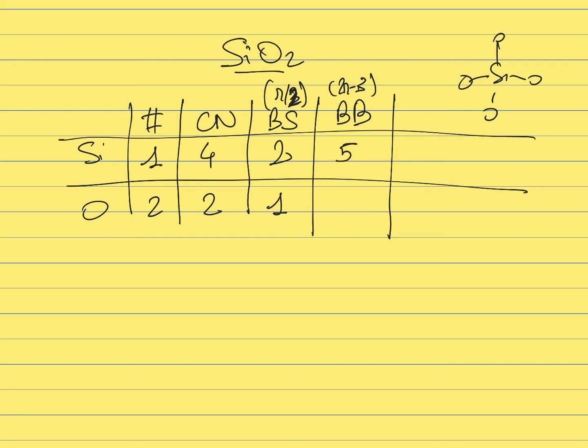Next, we need to find out how many constraints are associated with the oxygen. How many bond bending constraints do you have? Typically here, you would put 1 because the coordination number of the oxygen is 2, so that gives you 1 angle. Here there is one exception in the case of silica: silica has a very high glass transition temperature.